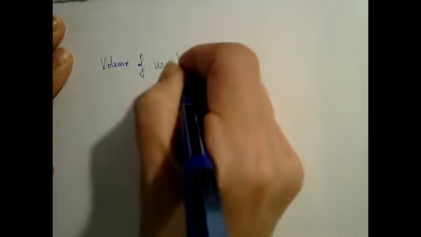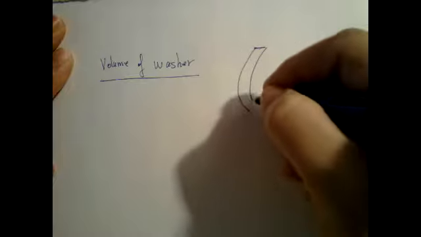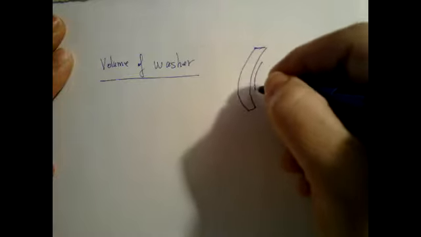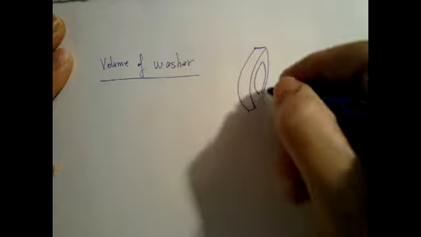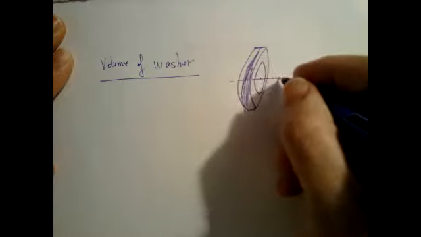So yesterday we did what we call the washers method. It was the idea of rotating a region between two curves around the x-axis. Before we start, I would like to remind you of the volume of a washer. This is a washer, it's nothing more than a disc with a hole in it. That's the center of the disc.